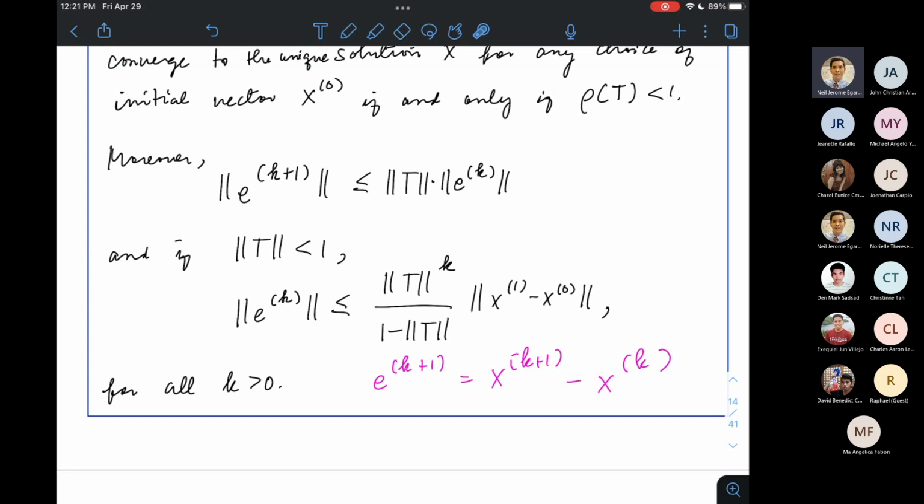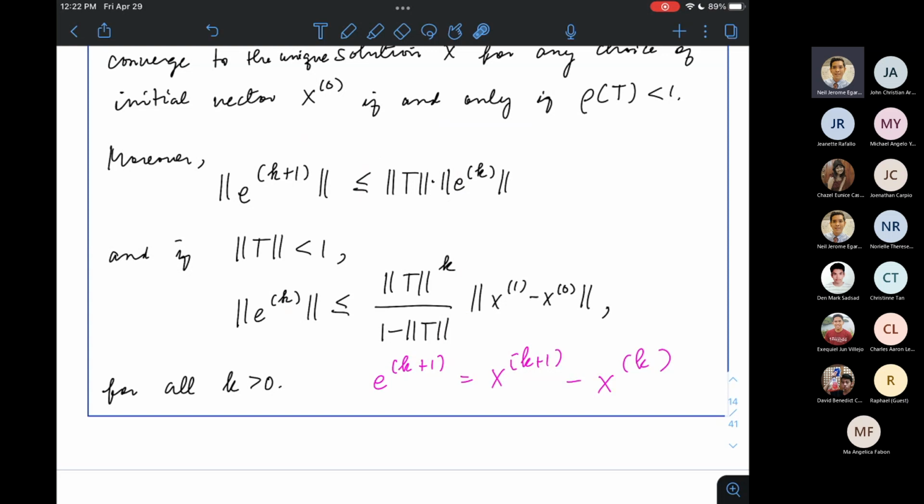Alright? And then, if you're sure that the operator norm of the matrix T is less than 1, then makikita natin na yung error on the kth estimate or on the kth iteration is actually just a multiple of the error on the first iteration. Kaya ito yung nagsasabi sa atin na mas maganda kung mag-start ka sa initial vector na mas malapit dun sa actual solution.